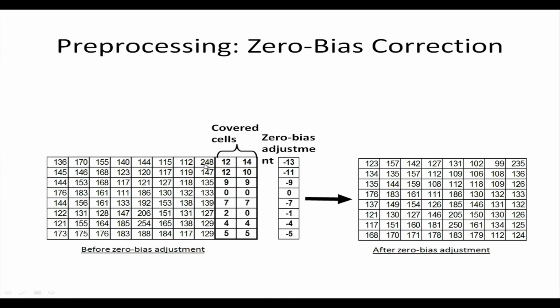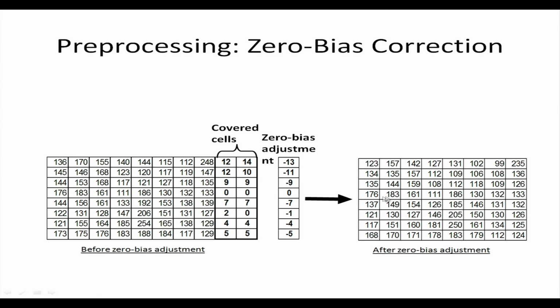Next, we take each of these values and subtract the average of this. So, 136 minus 13 becomes 123, 146 minus 11 becomes 135. Here you look at 186 and that is the first, second, third, fourth, fifth, 5 by 4.